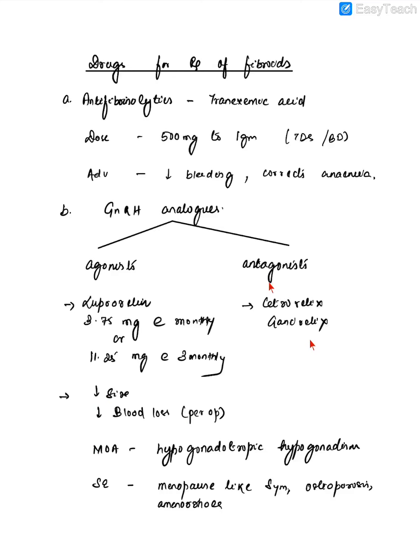The mechanism of action is by reducing the FSH and LH levels by inhibiting GnRH receptors, antagonizing GnRH receptors. They cause decreased GnRH production. So decreased GnRH leads to decreased gonadotrophin production, and decreased gonadotrophin leads to decreased production of sex steroids from the gonad. So hypogonadotrophic hypogonadism is the mechanism of action of GnRH analogs.